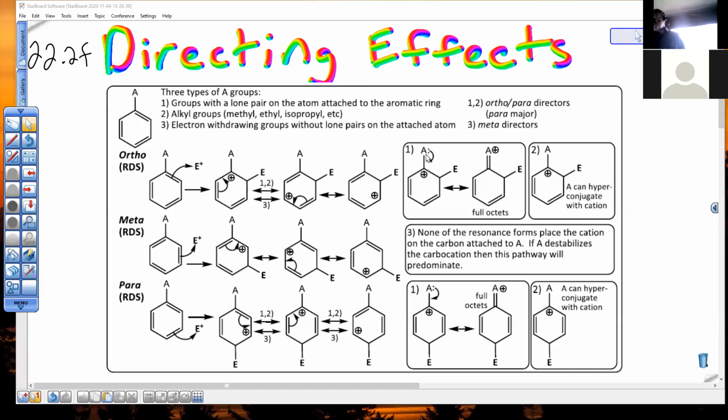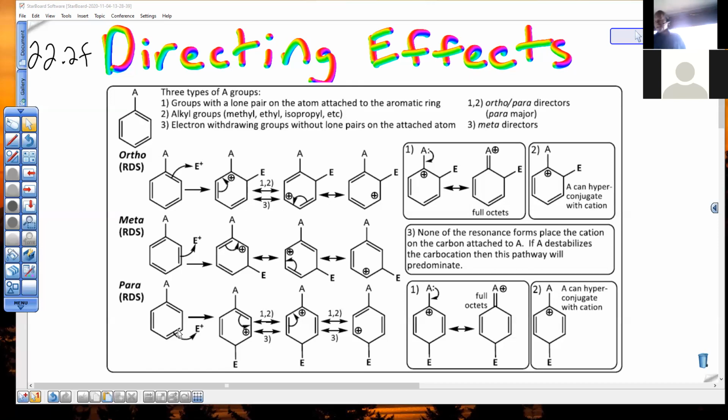If the A group is a hyperconjugator, which category has hyperconjugators in it? Well, our alkyl groups are hyperconjugators. So if we have a methyl or an ethyl, etc., up here, tert butyl, whatever, cyclohexyl, they will help. And this is a good way to do this mechanism. All right. Similarly, let's go straight down to para.